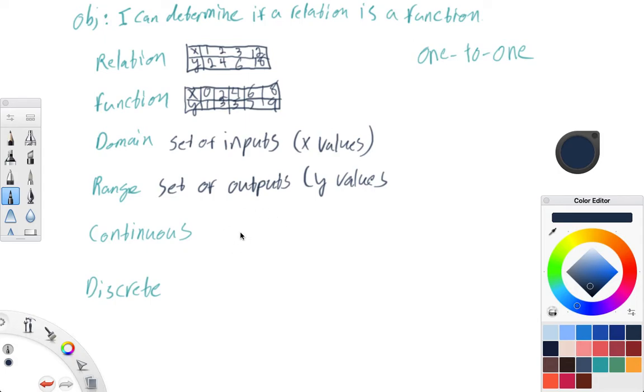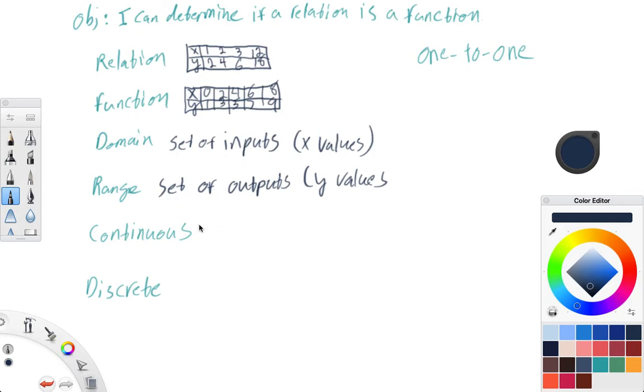Think back to when we were doing standard form linear equations, something like 2x + 3y = 15. It was usually a scenario of buying something and buying something else, and we found that we couldn't buy half of a t-shirt to be able to get more hats. So those would be discrete because there are only specific points on the graph.